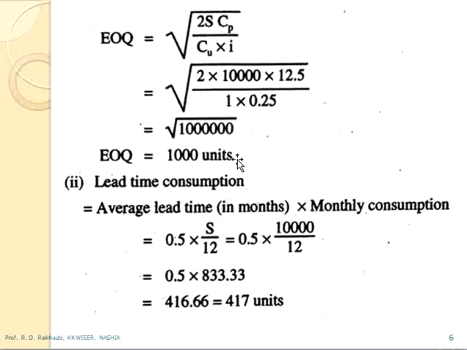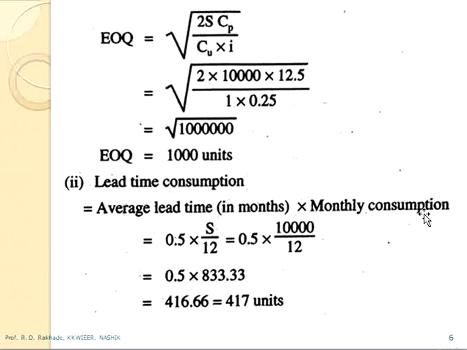So 1000 unit is an economical order for inventory. Then lead time consumption formula: average lead time in month into monthly consumption. So we have lead time in terms of days, so we will convert. 30 days means 1 month, 15 days means 0.5 month.